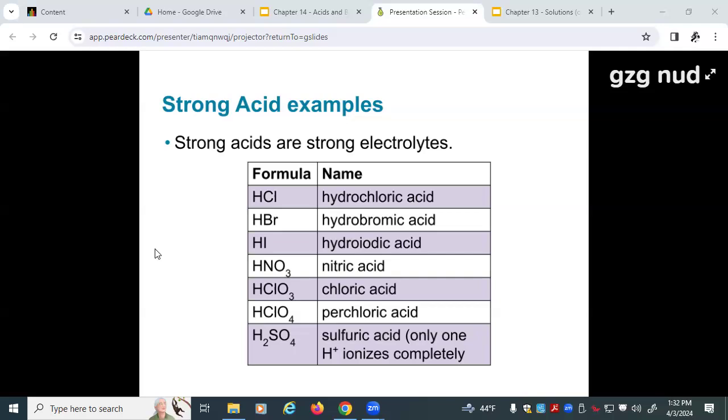You might see it known by its trade name, which is, I believe that one is muriatic acid. That's hydrochloric. Okay. There are common uses for it as well.